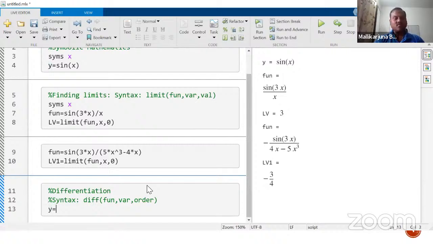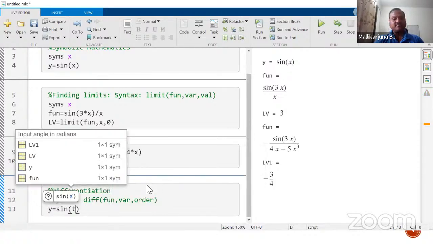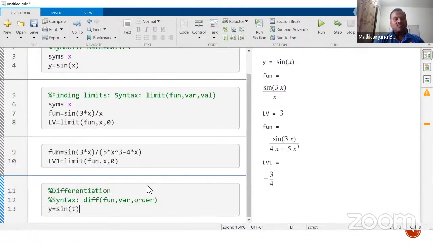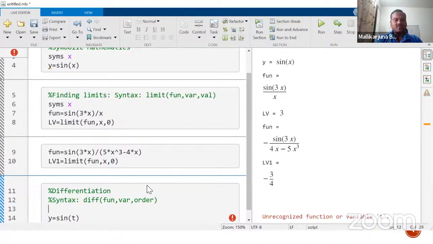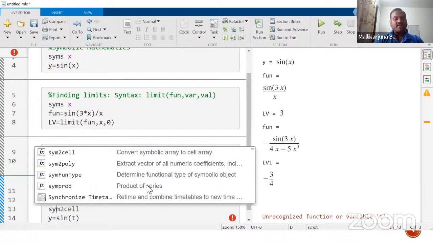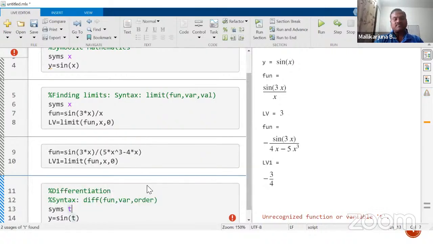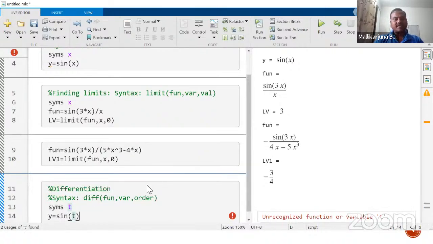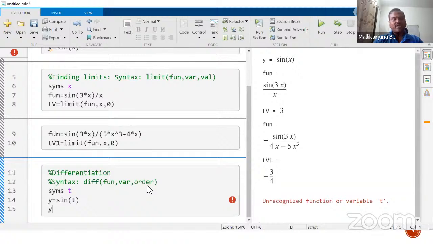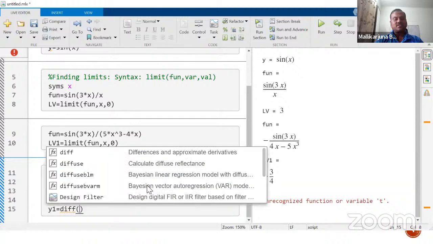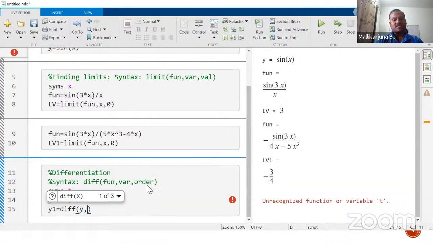Suppose let me take y is equal to sin t. Once you run it, it shows unrecognized function or variable because t is not defined. So first you define t as a symbol, then y is sin t.